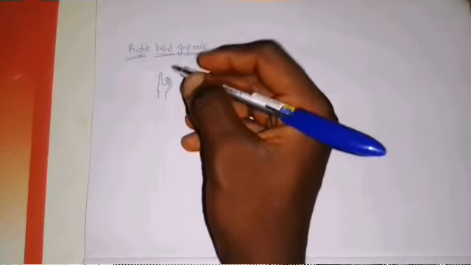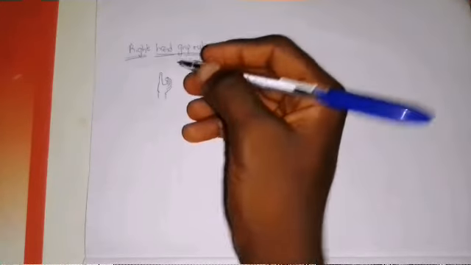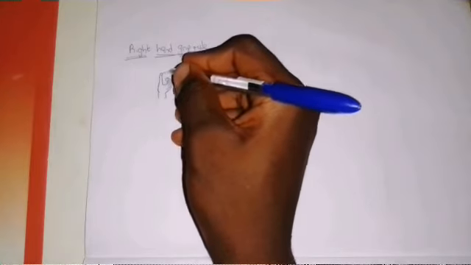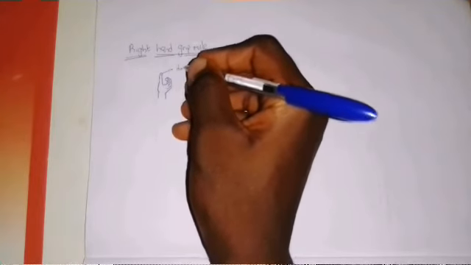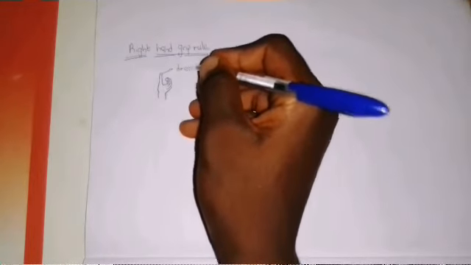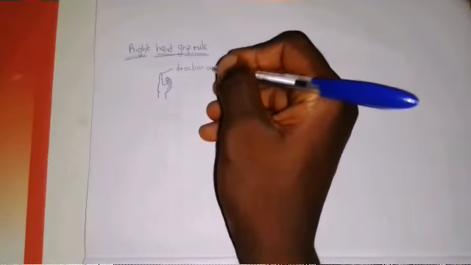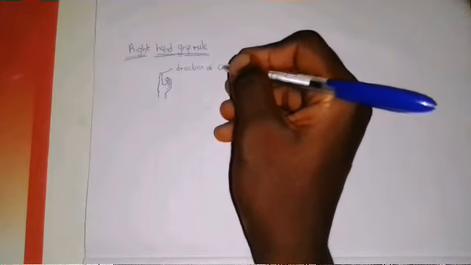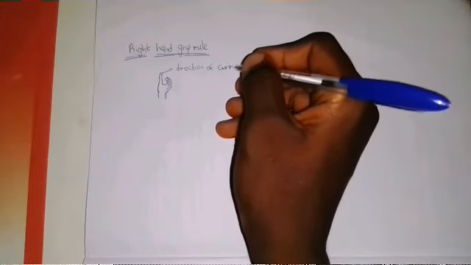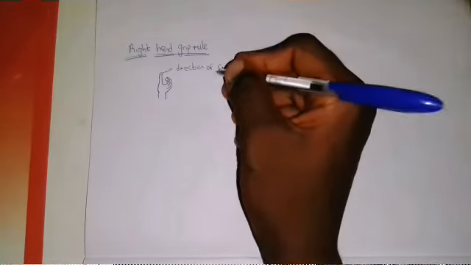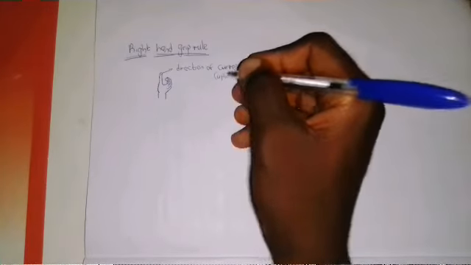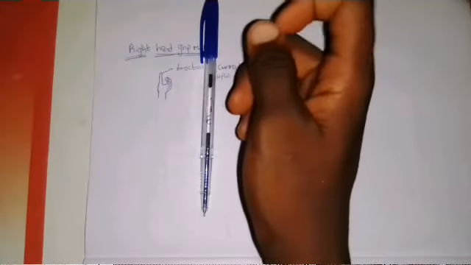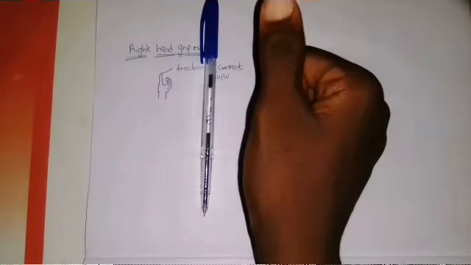Now, this is the thumb finger, as we all know. It represents the direction of the current. I'm explaining it. It represents the direction of the current when it is moving upwards. When it is moving upwards, which means that this is the indication for upwards.